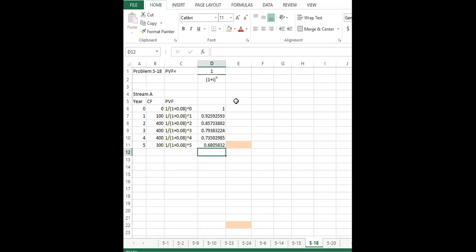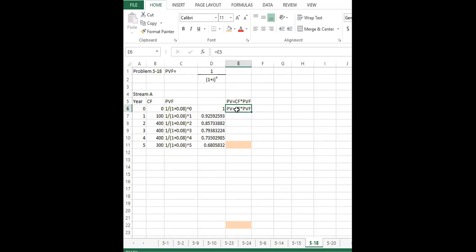Okay, now how do you calculate present values? Simply by multiplying cash flows with present value factors. Present value is equal to cash flow multiplied by present value factors.